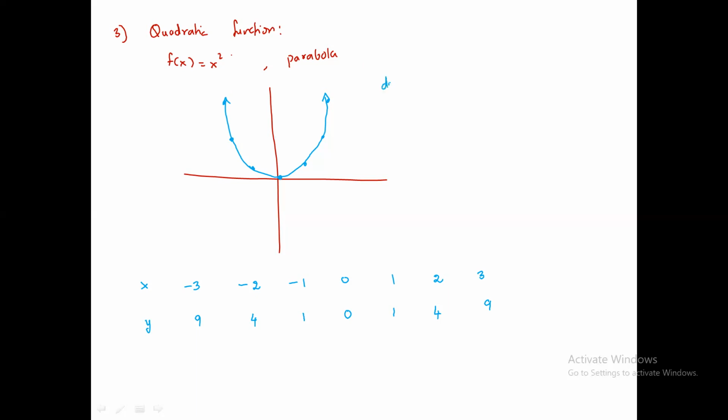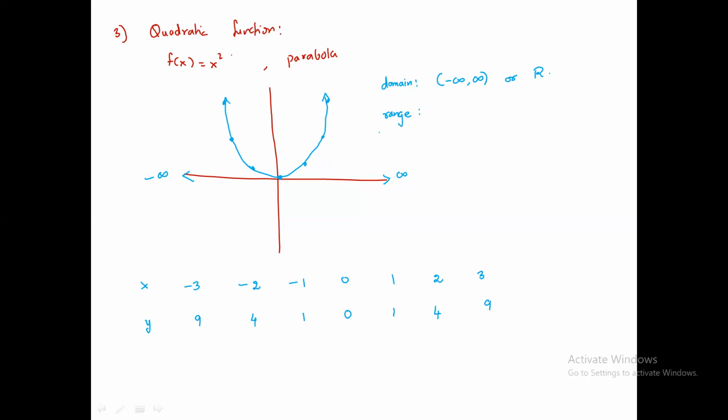The domain of this function, you can see when you take domain, you will see on x-axis the graph is on the left side up to -infinity and on the right side up to infinity. So you can say the domain is from -infinity to infinity, or you can say it is the set of real numbers.